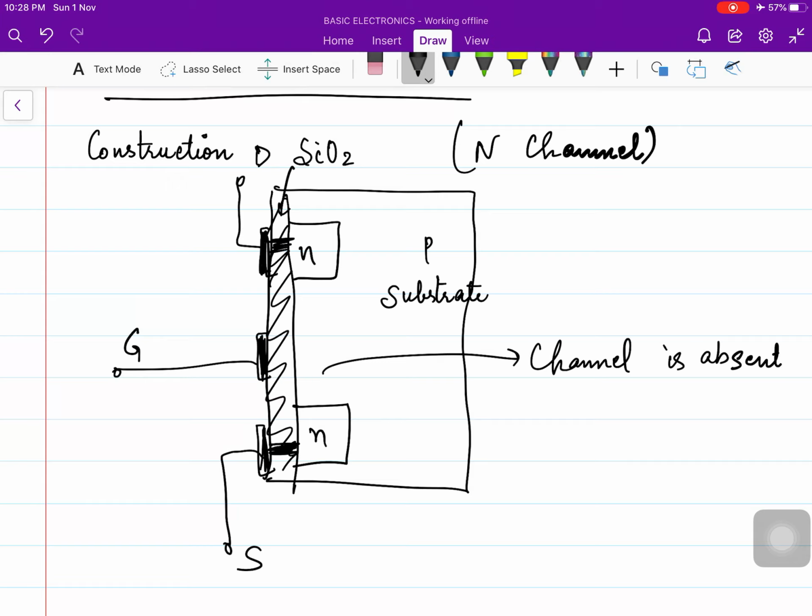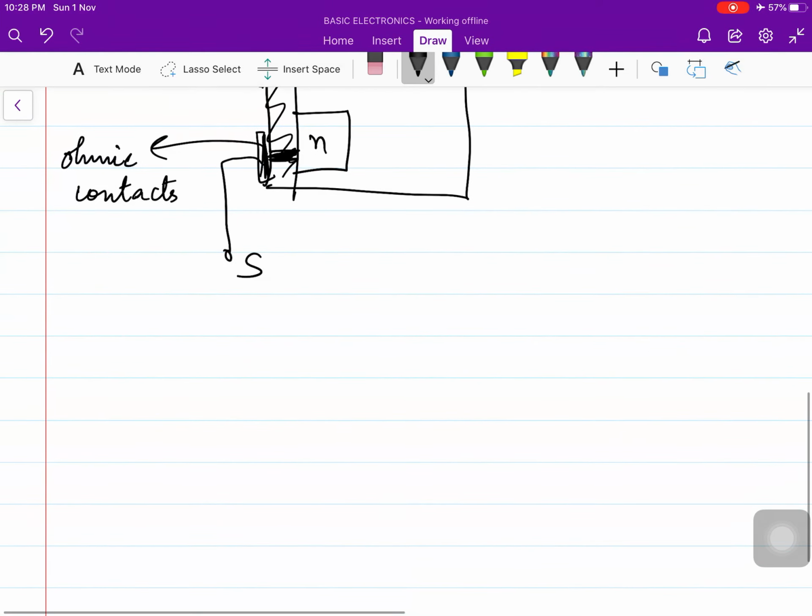When there is no bridge connecting between the 2 points, then how will the current flow? So channel will of course be there, but it will be induced during the operation. So physically it is absent. So this was about the construction of enhancement MOSFET, where one point has to be specially kept in mind, that channel is absent over here.